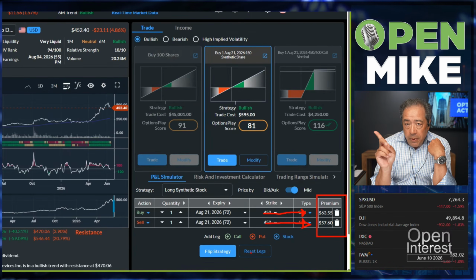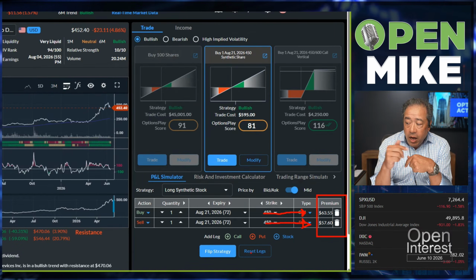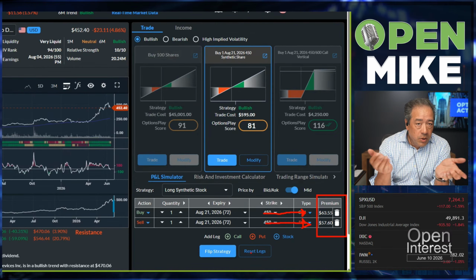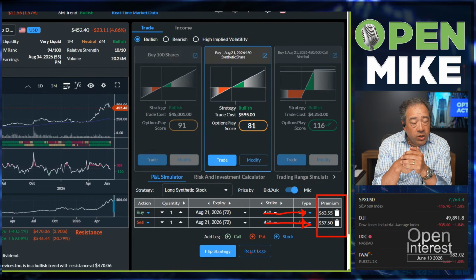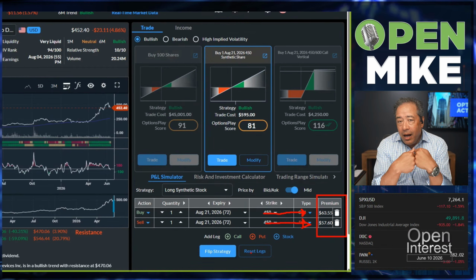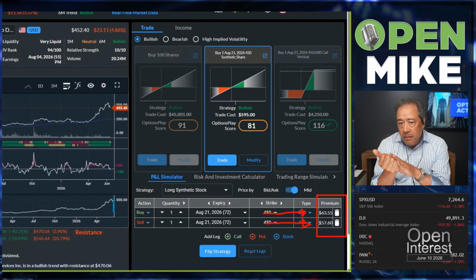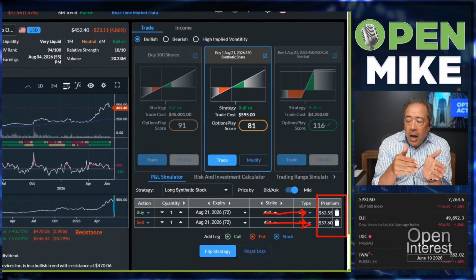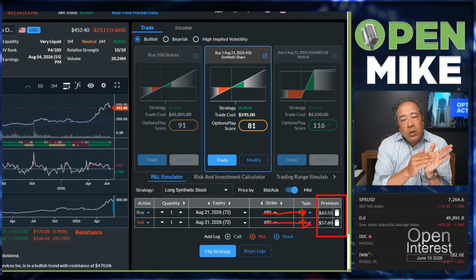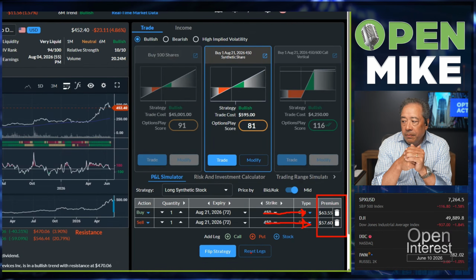So if it goes up, I will exercise my call and I will buy the stock for $450 a share. If it goes down below the strike, it is in the put holder's best interest to exercise it, which means I'm assigned. As the assignee, I am obligated to purchase the shares at $450. So in either case, whether the stock goes higher or it goes lower, I will, when August expiration comes along in this scenario, buy the underlying shares for $450.